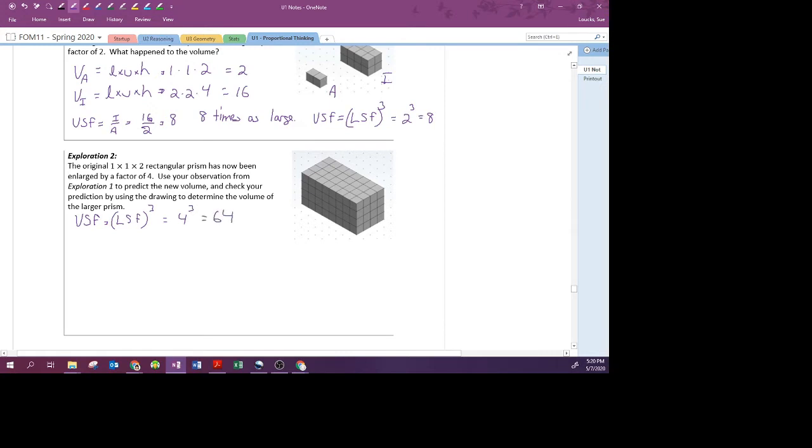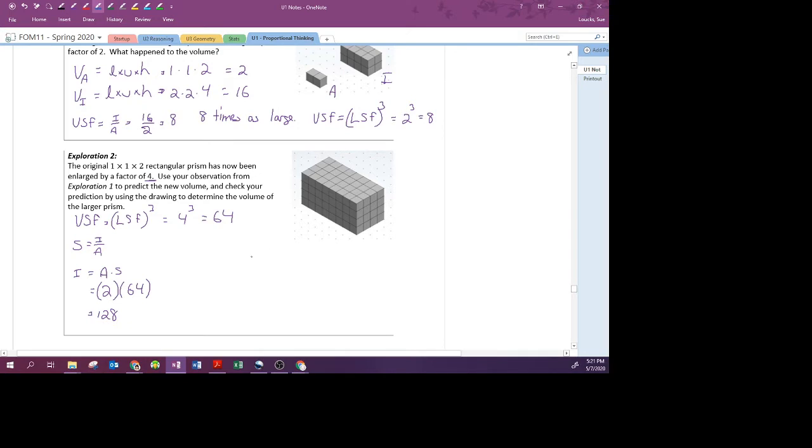Because the linear scale factor is the 4 right there. So we have scale equals image over actual, so image equals actual times scale. So the volume of the original was 2, we have that from up above, and our scale factor is 64. That's our volume scale factor. So that equals 128. So the volume of this should be 128.